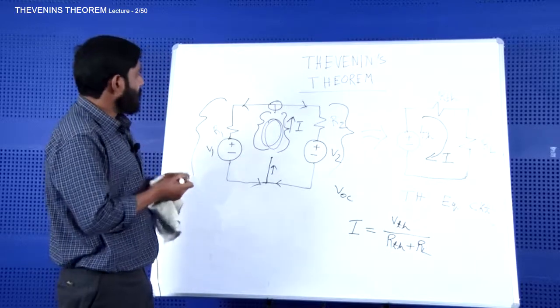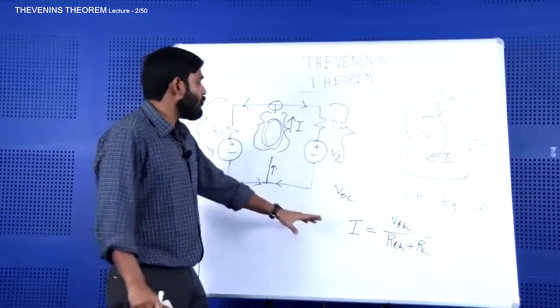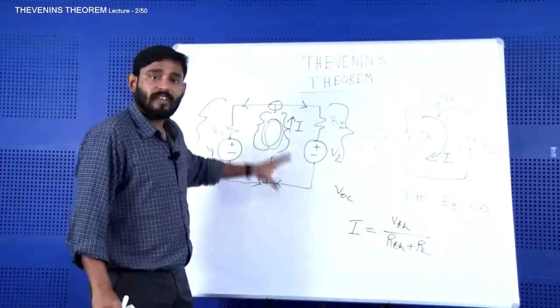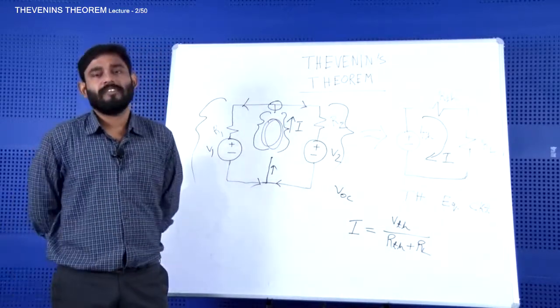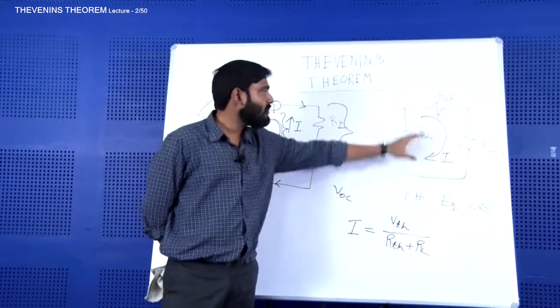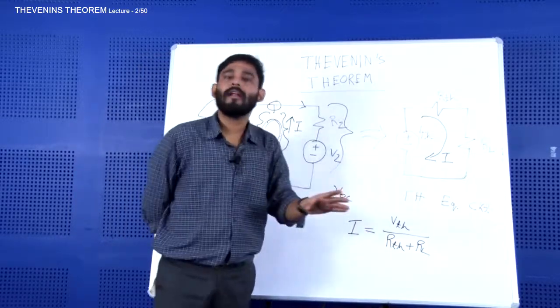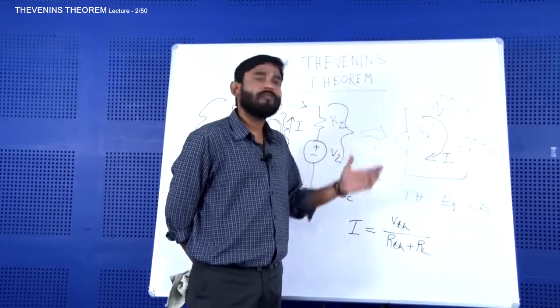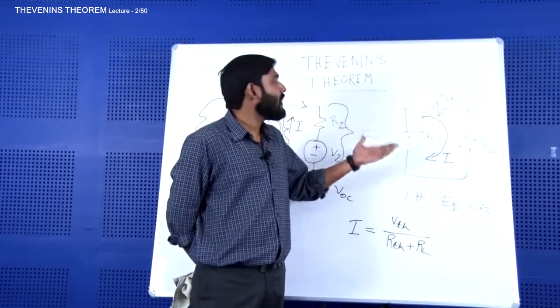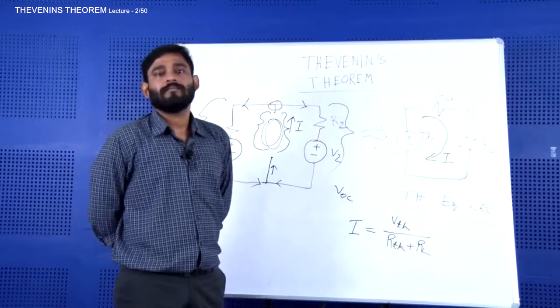See, if we had tried to calculate this whole thing from the original circuit, it would have been a much more tedious procedure. But once you get this RTH, VTH and RL, it's a very simple task to calculate what amount of current or voltage you are getting across this RL. Also the power.